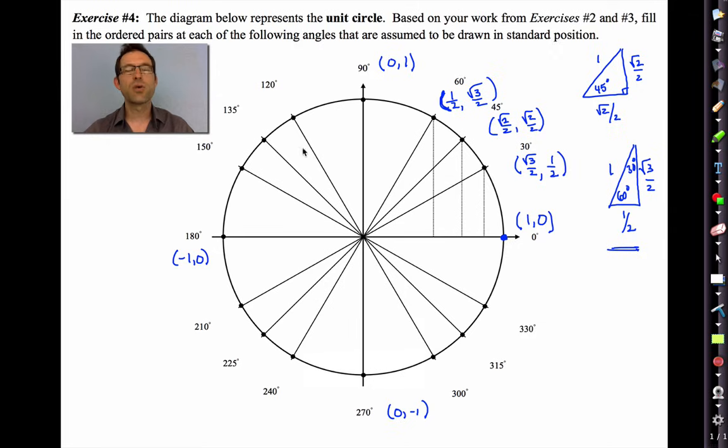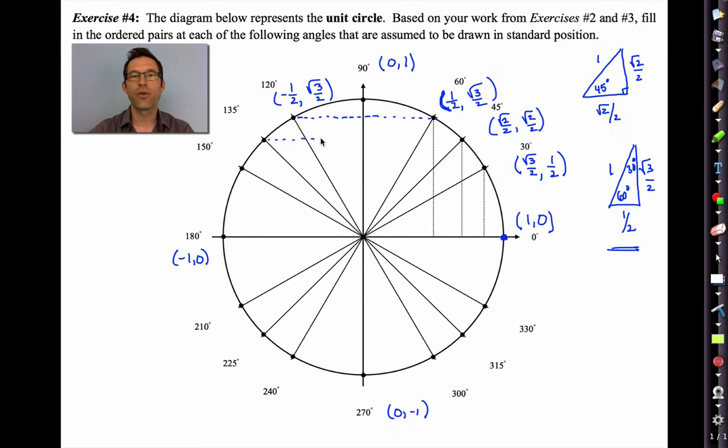Now, let's go to the second quadrant. How do we find the coordinate point for 120? Well, this point is just a reflection of this one across the y-axis. So when we do that, the x-coordinate becomes negated, but the y-coordinate remains the same. See that?